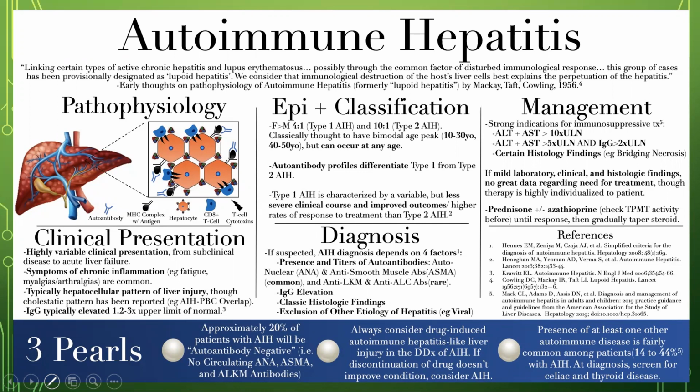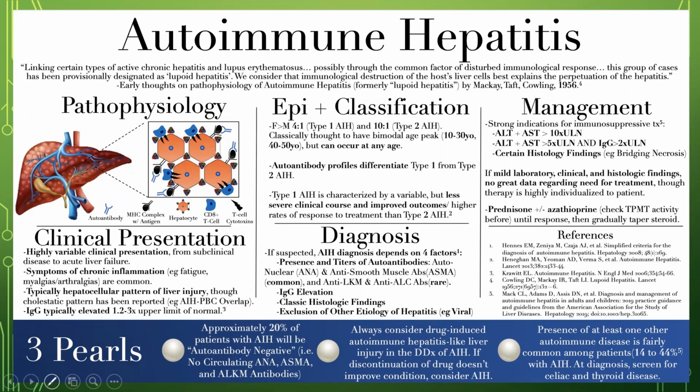If discontinuation of the drug doesn't improve the condition, then consider that it's autoimmune, not drug related. The presence of at least one other autoimmune disease in young patients with autoimmune hepatitis is fairly common, around 44%. Patients should be screened for celiac disease and thyroid disease.